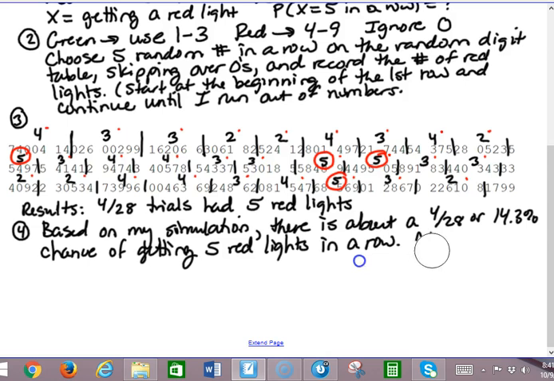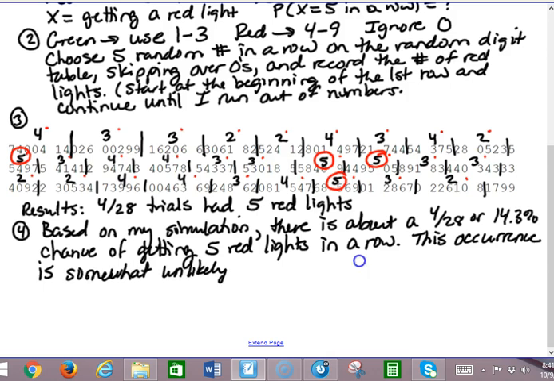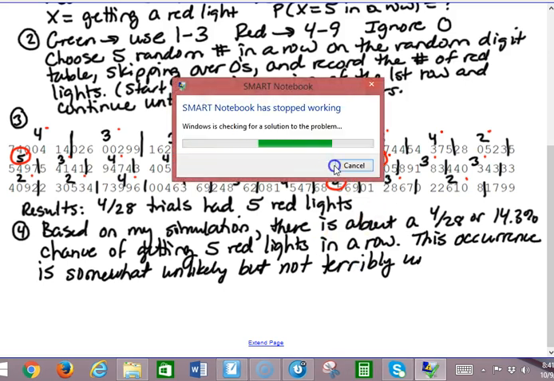This is somewhat unusual, somewhat unlikely, but not completely unusual. I'll say, but not terribly unusual. It's going to happen about 15 times out of 100, so it depends. You consider that unusual or not. Yes, somewhat unusual.